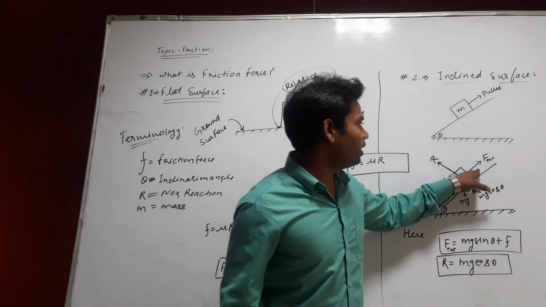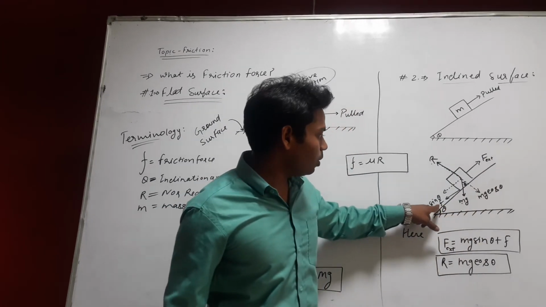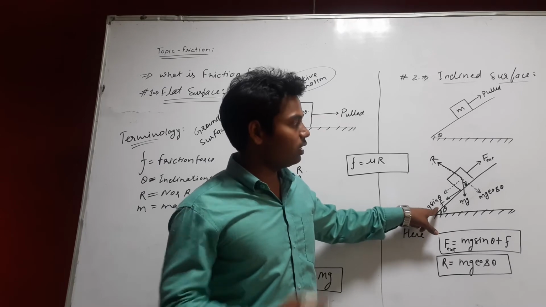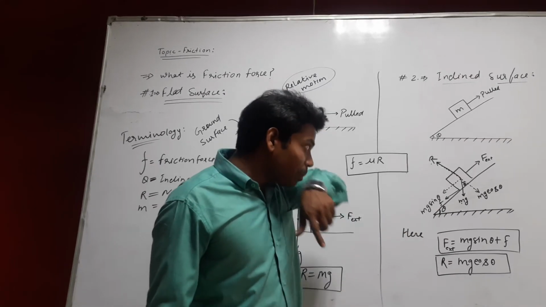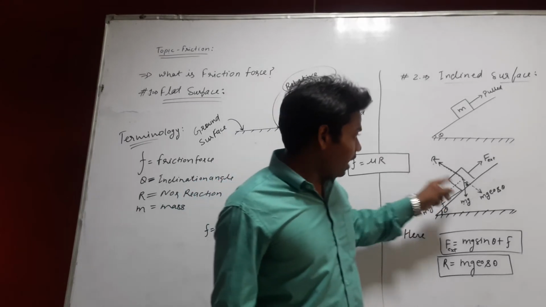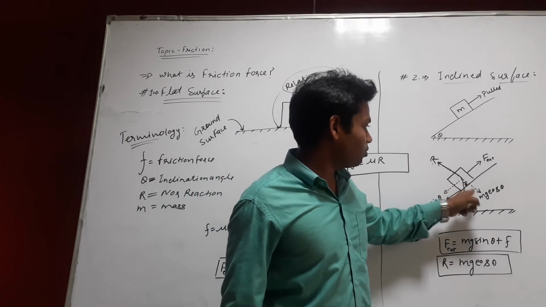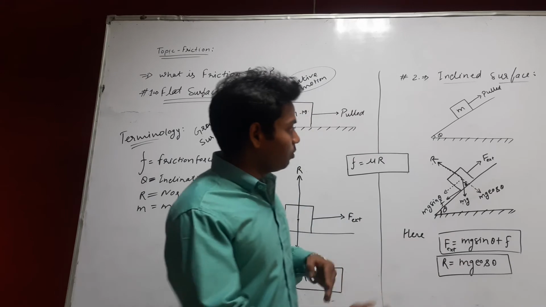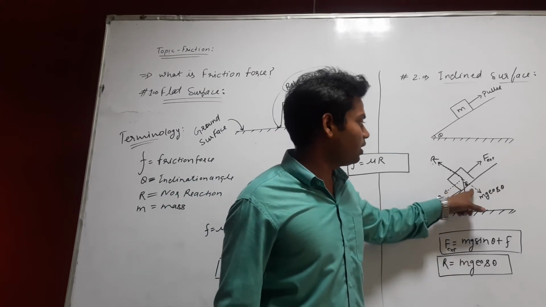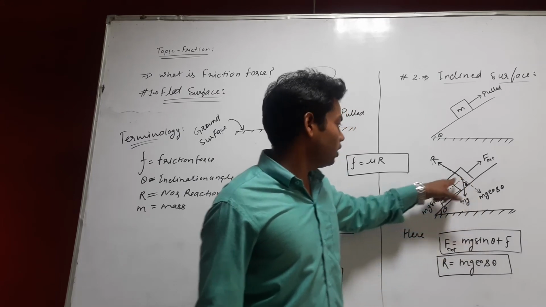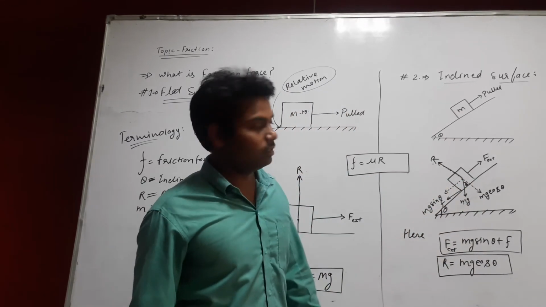External forces are applied in this direction, so the friction force will be applied in the opposite direction. We resolve the weight mg into components in two directions: one perpendicular to the plane and one along the plane.